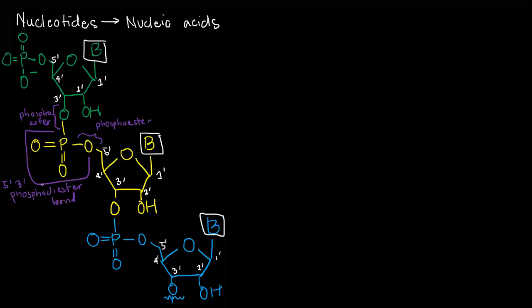Or sometimes they could call it a 3 prime 5 prime phosphodiester bond. But anyway, we call this basically a phosphodiester bond, all of the things happening here. So it's safe to say that the bond that connects two nucleotides together is called a phosphodiester bond. And therefore, that's the same thing that connects the second and the third. So it's another phosphodiester bond.